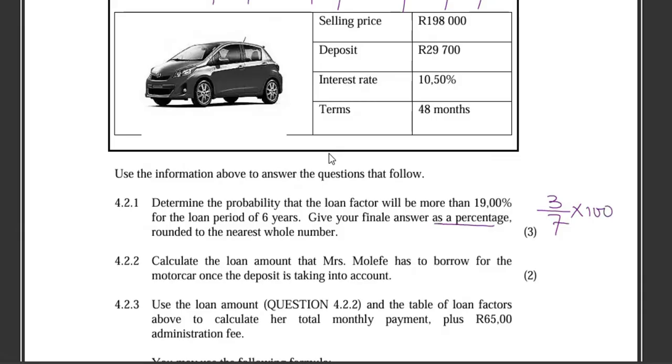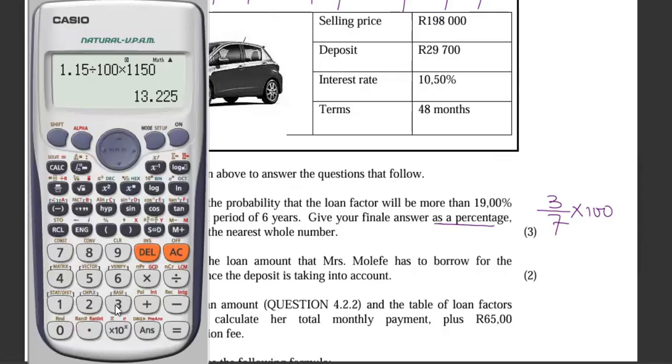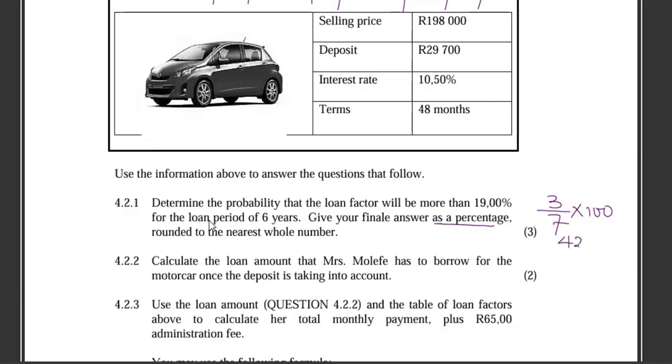Multiply by 100. Pick a calculator. 3 divided by 7 times 100. So this is 42.85%. But they said to the nearest whole number, which becomes 43%.